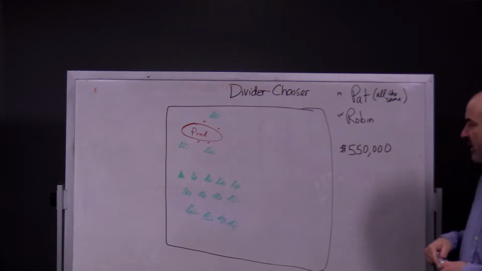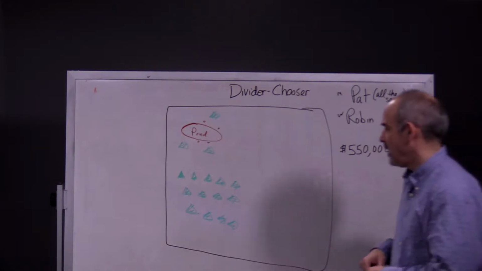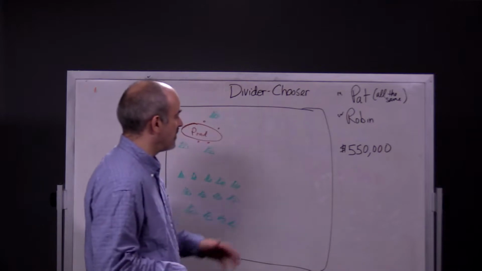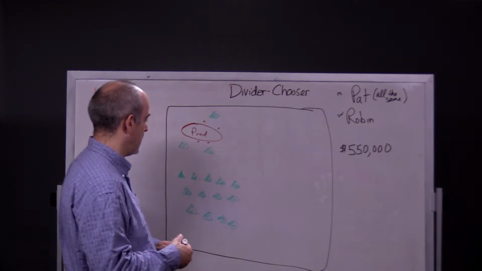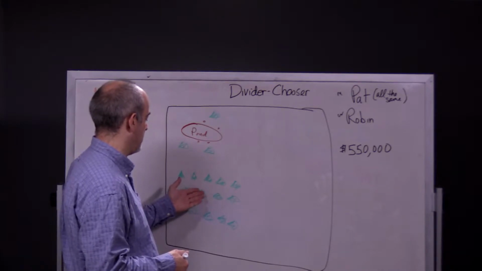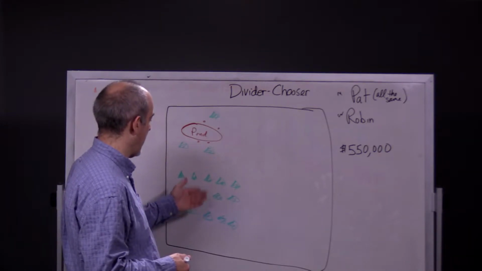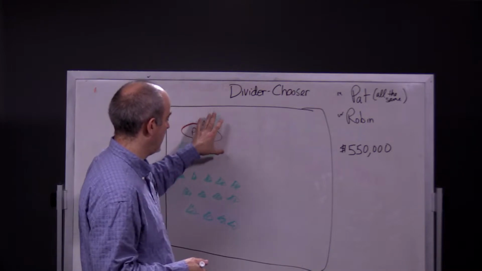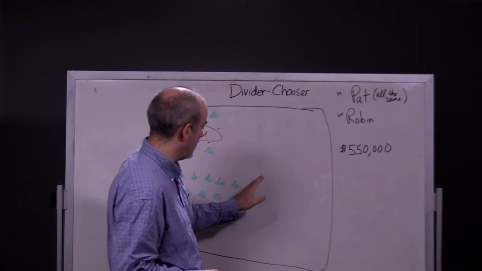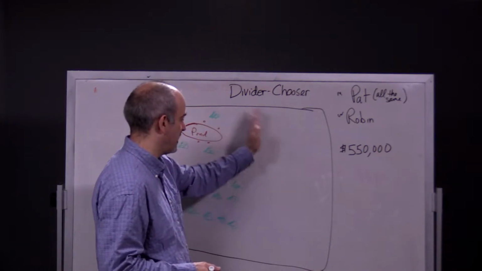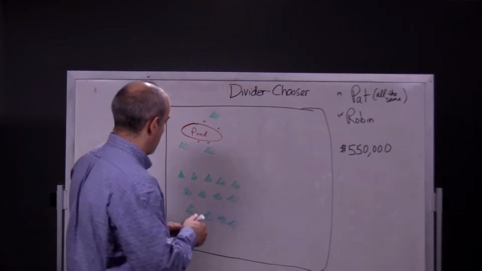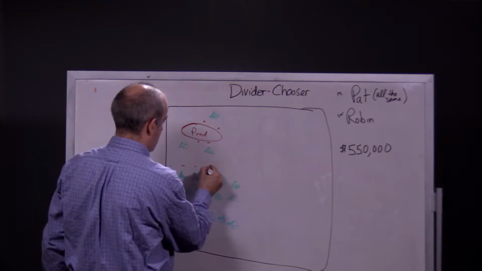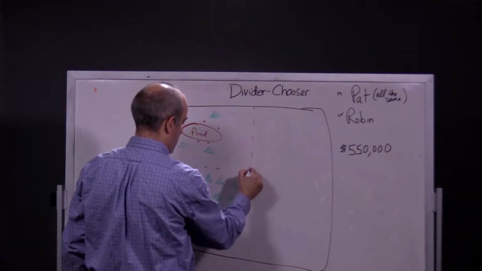Robin, on the other hand, likes the land over here best. As a matter of fact, to her, this is worth the least. This is worth half as much as this part here, and 8 times less than all this over here. In other words, I'm going to split this into 4 things, basically.